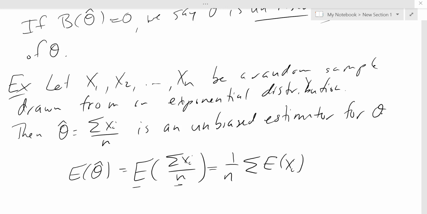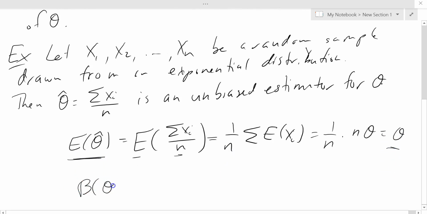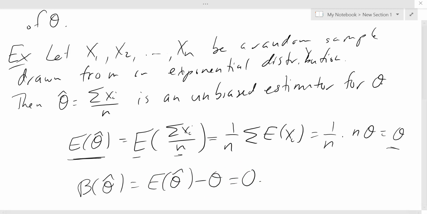So what's the expected value for each x sub i? What is the mean of an exponential distribution? Theta, right? So each of these would just be theta. So you just get 1 over n times n theta, which gives you theta. So if the expected value of theta hat is equal to theta, what's the bias? We agree with that?